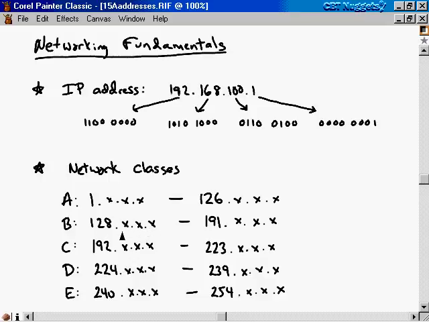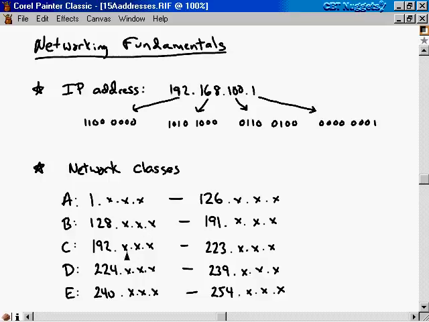So we get 130.140.0.0, 130.140.0.1, and so on. There are a lot more Class B networks: there are 16,000 of those Class B networks, and each one of those networks can have 65,000 hosts inside of it.